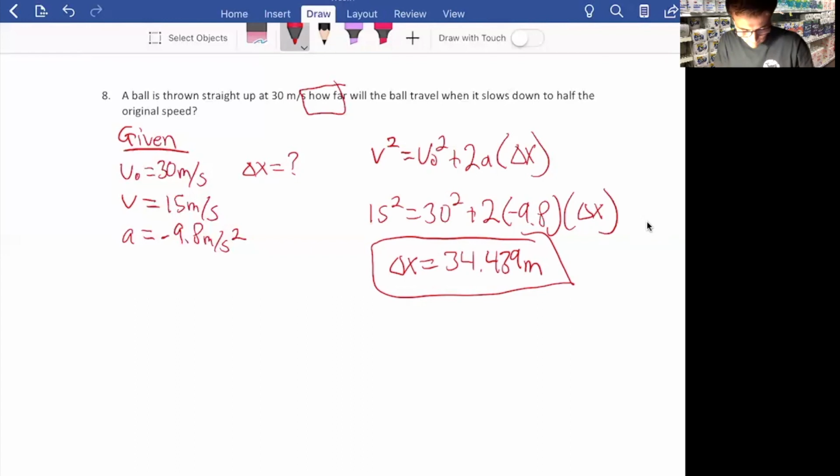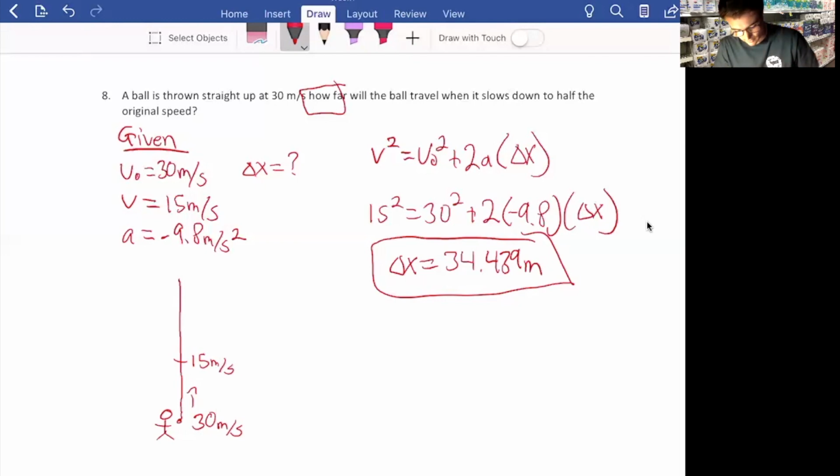So a little diagram, a little person throwing a ball up in the air, right? So the initial velocity going up is 30 meters per second. Okay, and then let's say somewhere along this path, let's say right here, it reaches its 15 meters per second, which is half the original velocity.